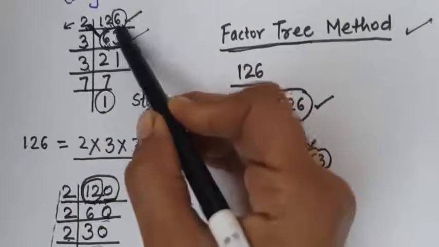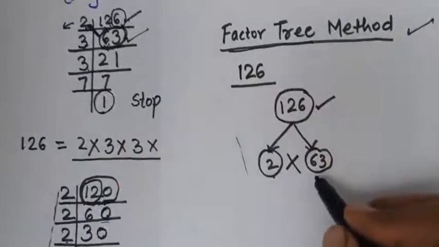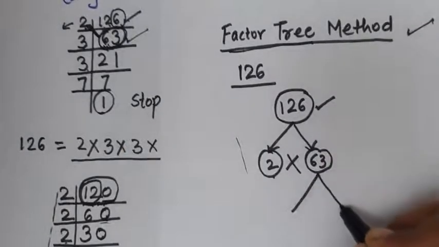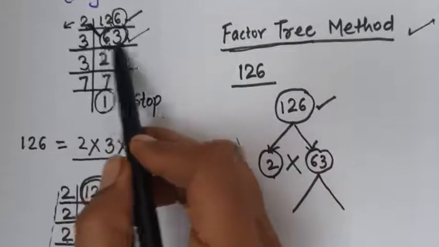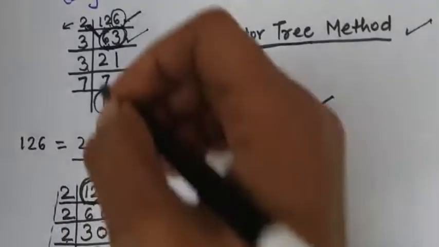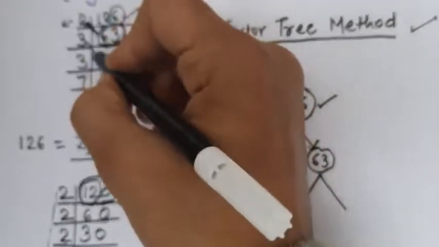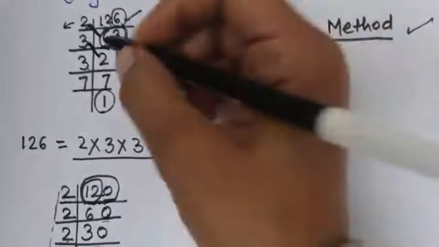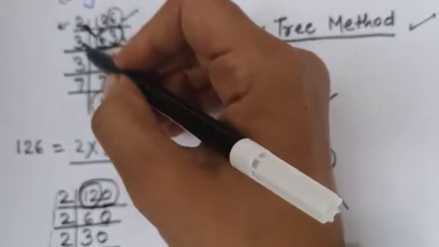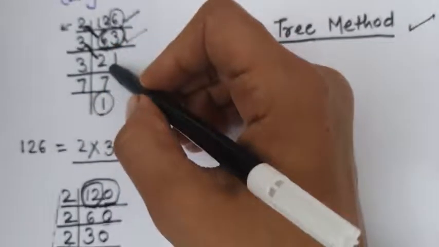Next number is 63. Now, you have to continue from here. 63. Now, if you see diagonally, which are the two factors? 3 and 21.